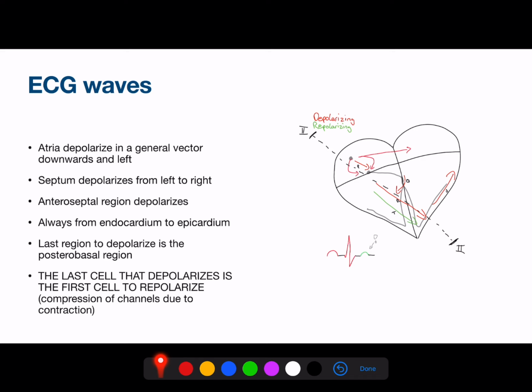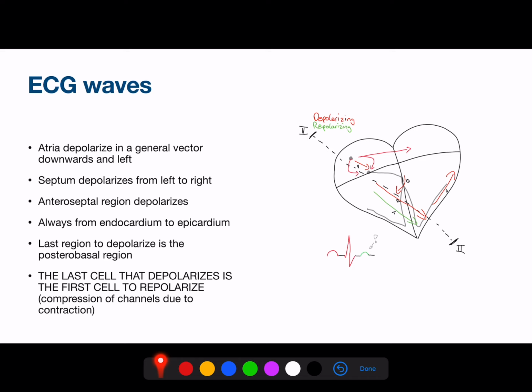And then we also have the S wave, which is a little bit negative because it goes away from the positive electrode. And the general depolarization goes towards the left ventricle and not to the right, because the left ventricle is larger and has more action potentials than the right one.